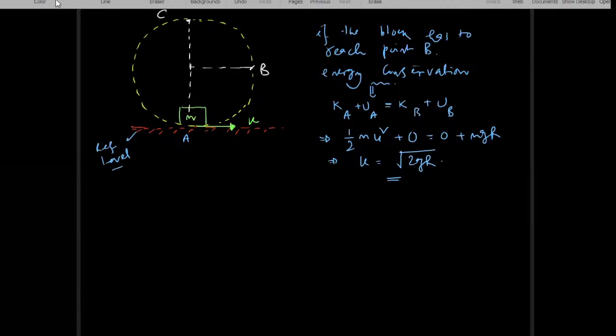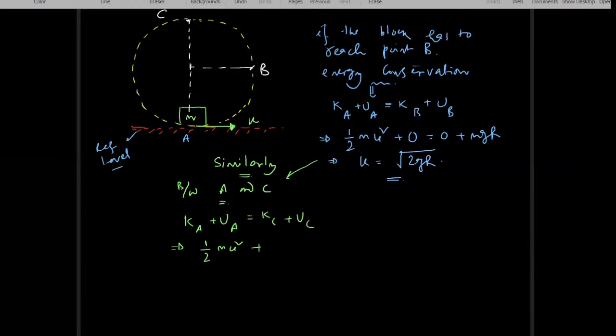But now you see, similarly, if I try to write between A and C, now you see what kind of big problem we will face. KA plus UA is equal to KC plus UC. So K of A is half mu square plus 0 is equal to 0 plus mg into 2r, because this is r, this is r, total will become 2r.